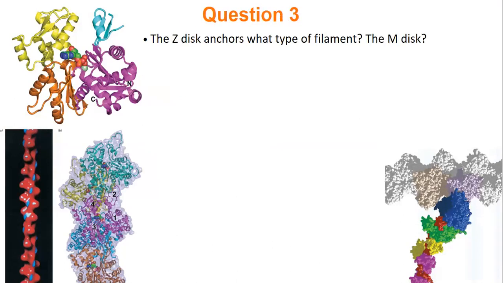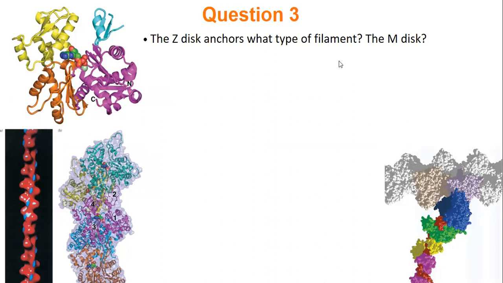So just as a little review here, we talked about the overall structure of the muscles on Monday. So who can remind us for the Z disc? What type of filaments are we anchoring? And at the M disc, what type of filaments are we anchoring? It's not so much I band and A band.